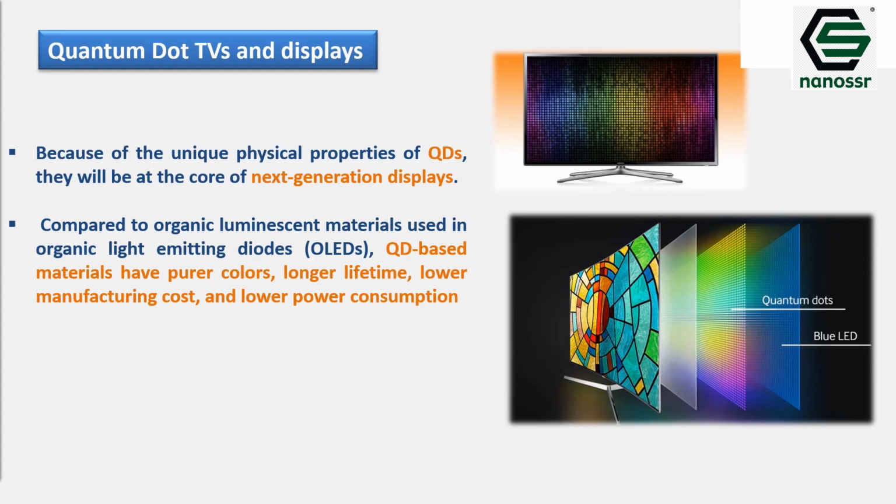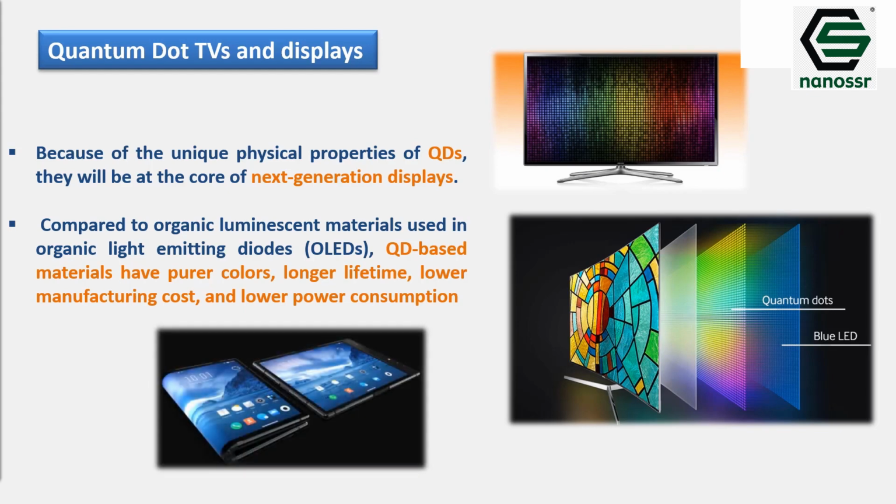Compared to the organic luminescent materials used in organic light emitting diodes, or LEDs, quantum-based materials have pure color, longer lifetime, lower manufacturing costs, and lower power consumption. Another key advantage is that because quantum dots can be deposited on virtually any substrate, you can expect printable, flexible, and even rollable quantum dot displays of all sizes.